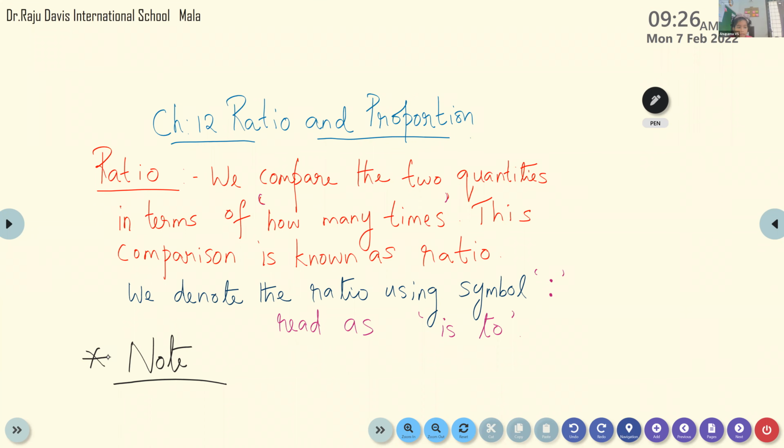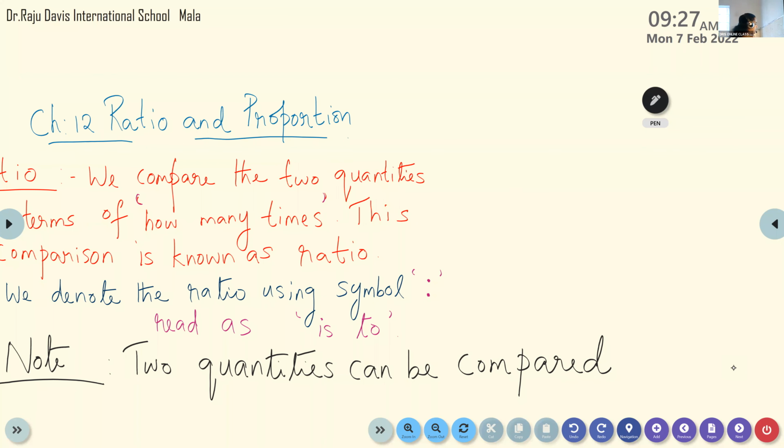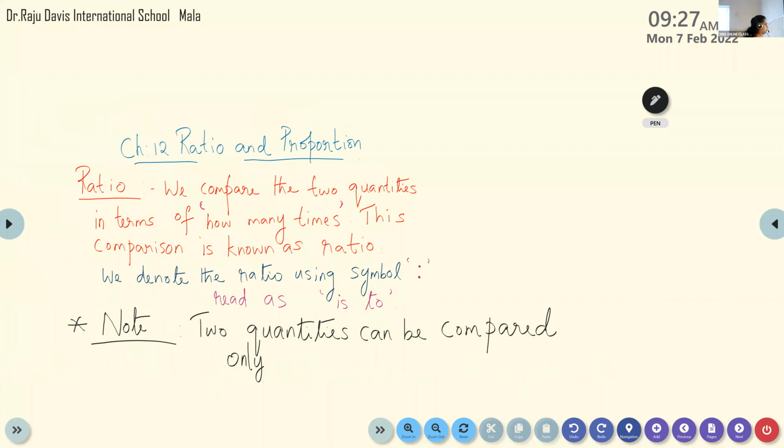Note: two quantities can be compared only if they are in the same unit.